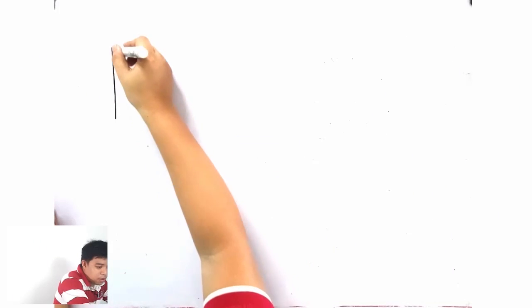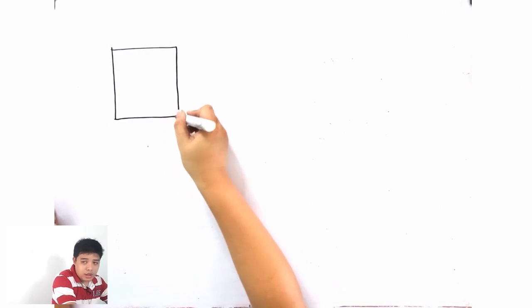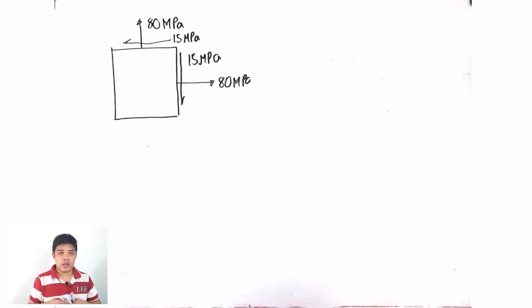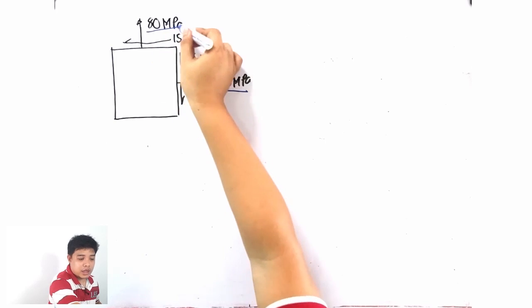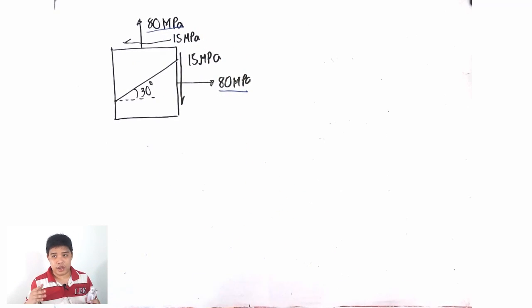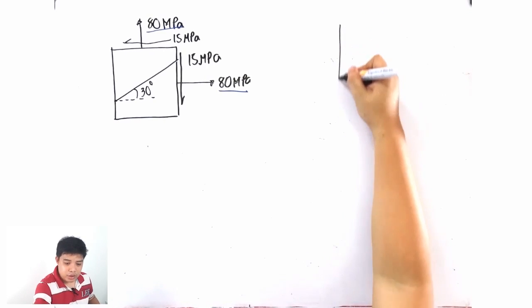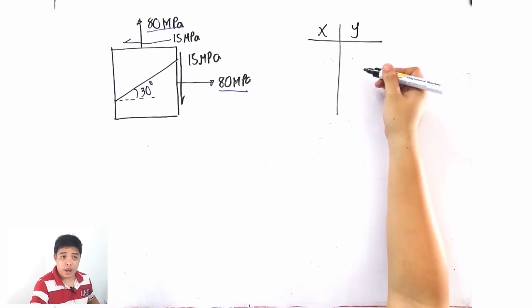I'm going to draw again the state of stress. Another case of this, this is 80 and this is 80. If the situation is like this, how are you going to model it in our table? You go again to stat, A plus BX mode, where you have x and y.